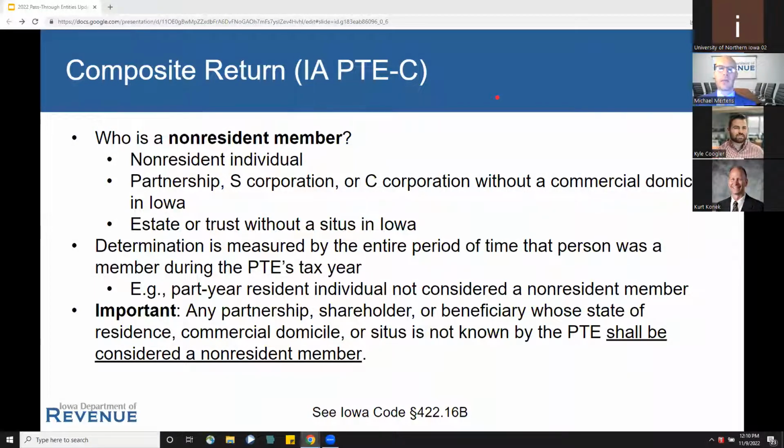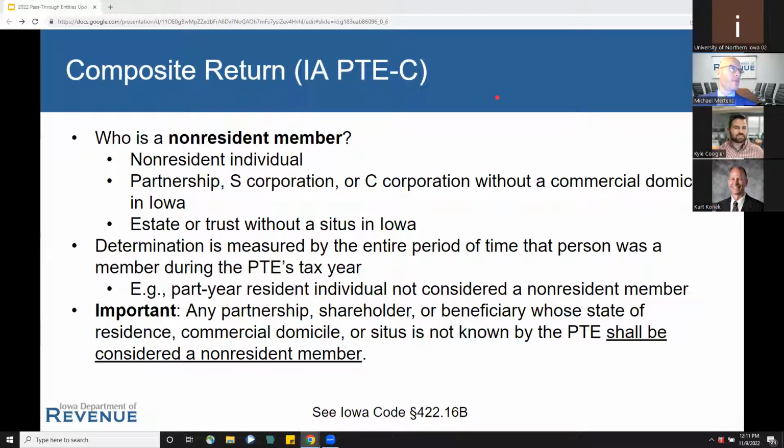It can depend on a number of things like the residency of the decedent, the type of trust you're dealing with, and other factors, including but not limited to the residency of the trustees, the location of the principal office where the trust is directed or administered, and sometimes the location of the trust assets. I would invite you to look at Iowa Administrative Code 700.3 for more information about determining the situs of an estate or trust.